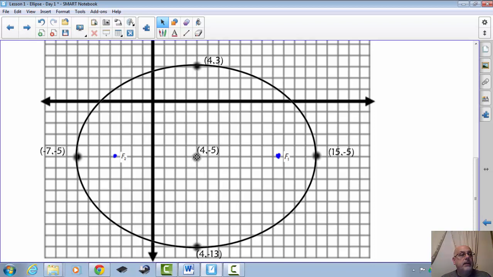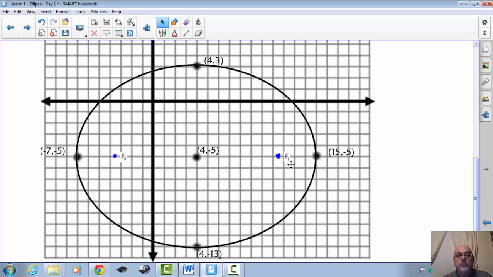Then when we figured out the distance from center to focus, I said start here and count about 7.5 boxes to the right. 1, 2, 3, 4, 5, 6, 7.5. Then count 7.5 to the left. So that's where the 2 focus points are. You will have the coordinates of them. One of them has a typo.